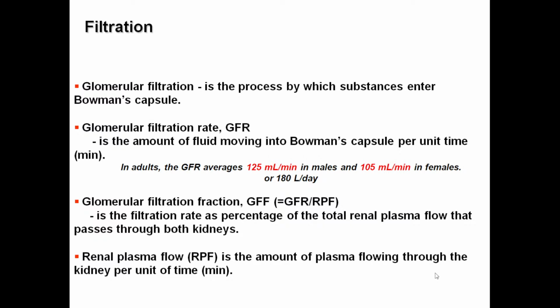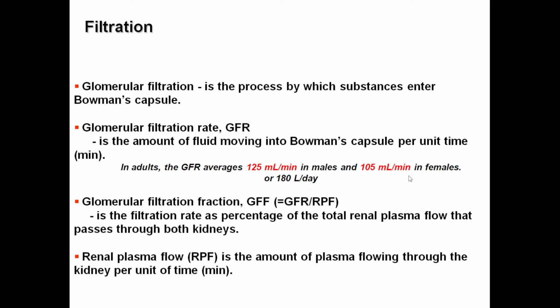Now, a few definitions which you need to know if you would like to understand functions of the kidney. Glomerular filtration is the process by which substances enter the Bowman's capsule. And there is a parameter, glomerular filtration rate, which is briefly known as GFR. It is the amount of fluid moving into the Bowman's capsule per unit time.